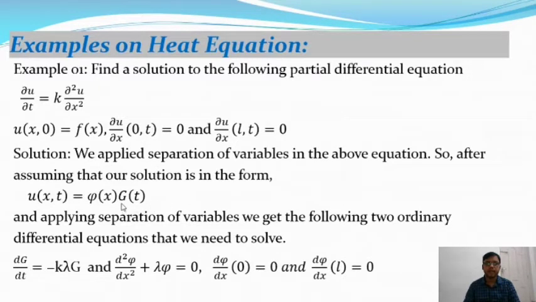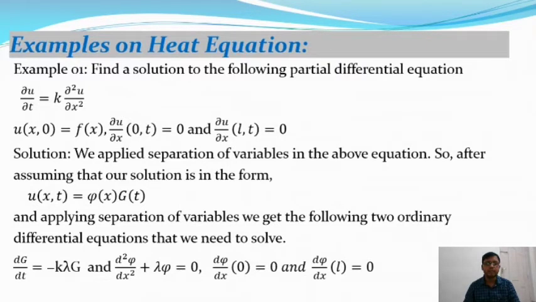After putting the values of del u by del t and del 2 u by del x square into the given differential equation, we get phi x into g dash t is equal to k into phi double dash x into g of t.